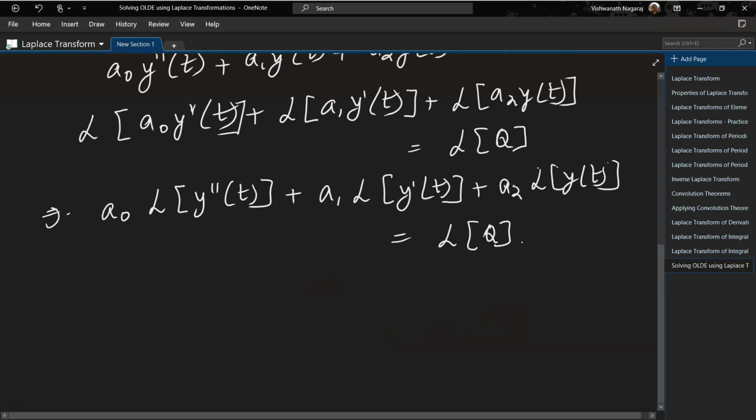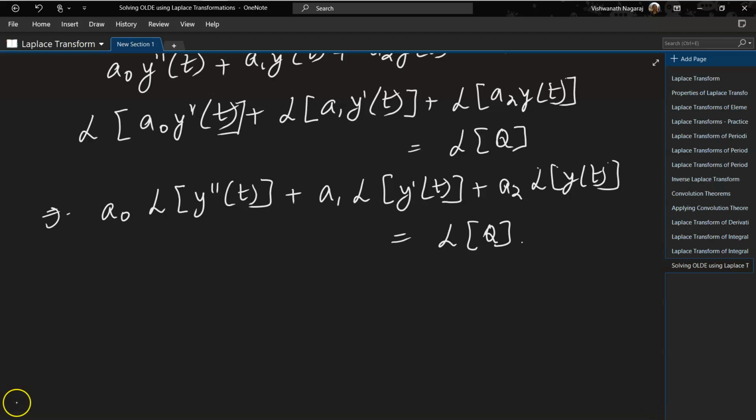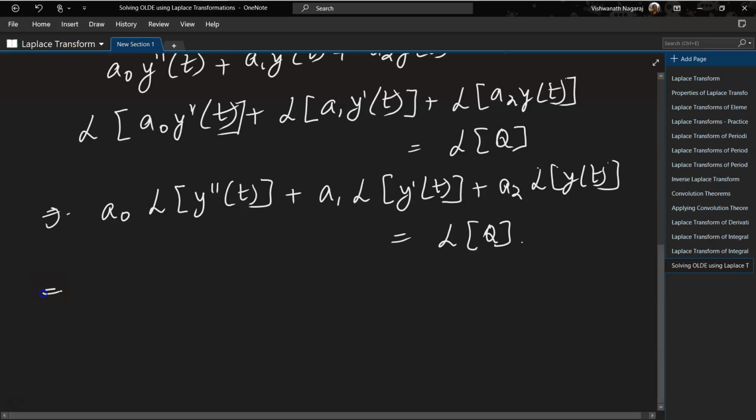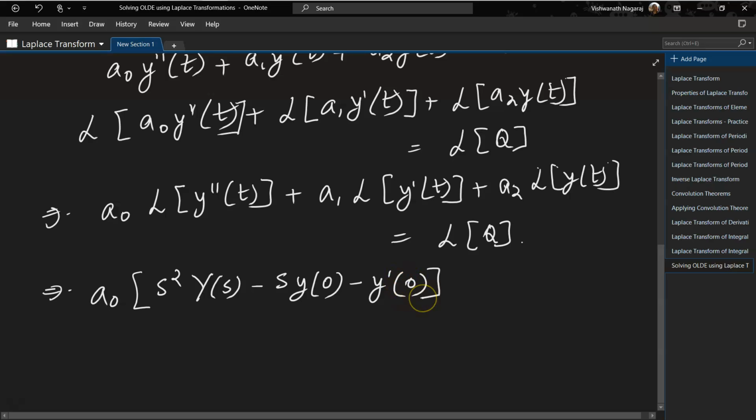Okay, now that we have done this, let's evaluate. Now remember the theorems we saw, so this is going to be s square capital Y of s minus s y of 0 minus y prime of 0. This is based on the theorem.